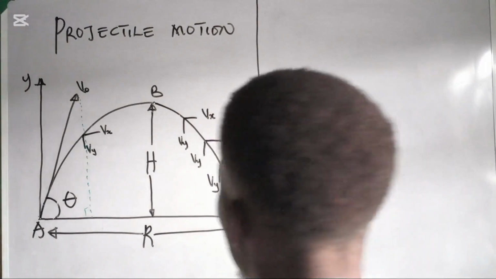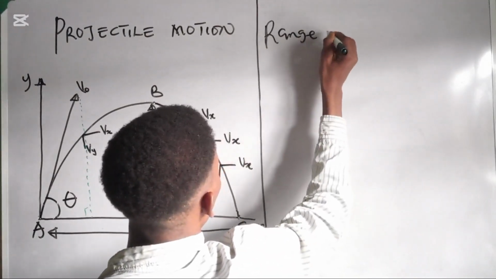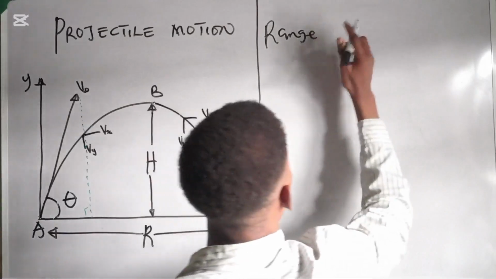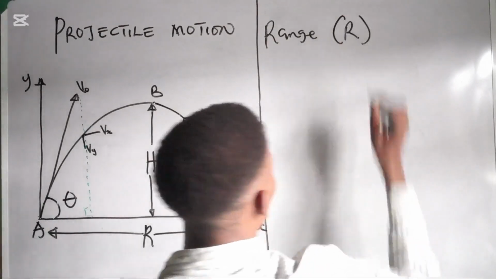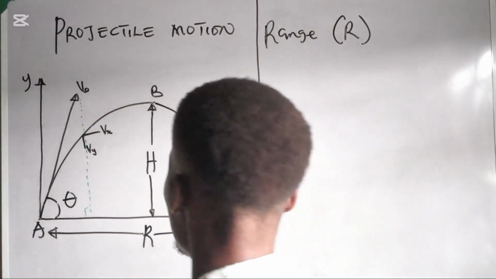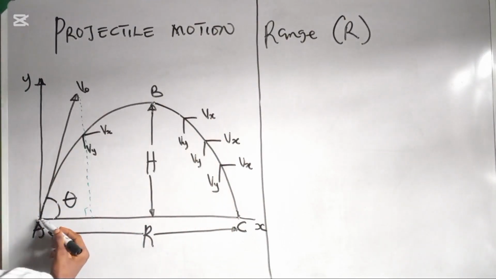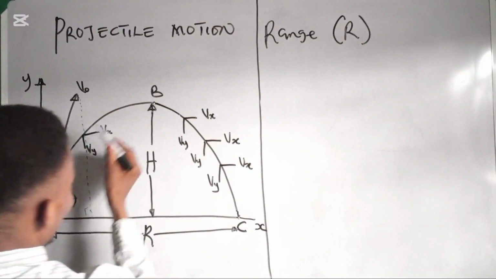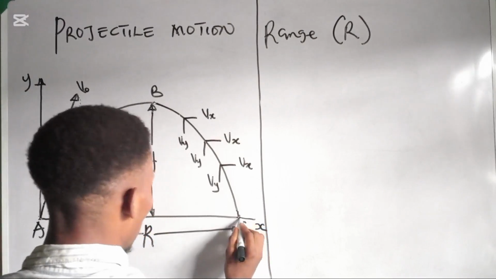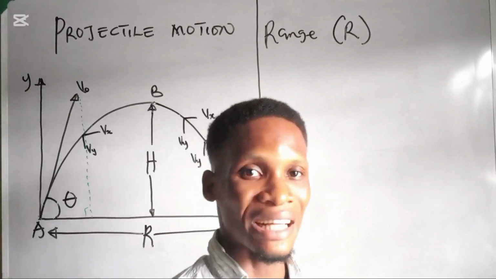To get the range, we say that range, represented with capital R, is the horizontal distance moved by the body being projected from the point of projection to the maximum height, then back to the point of projection. So the horizontal distance covered is what we call the range.